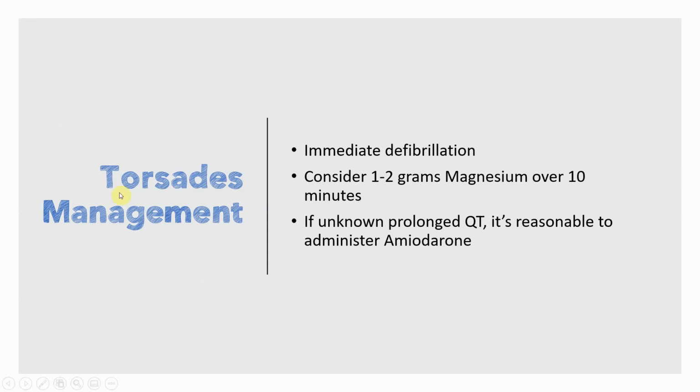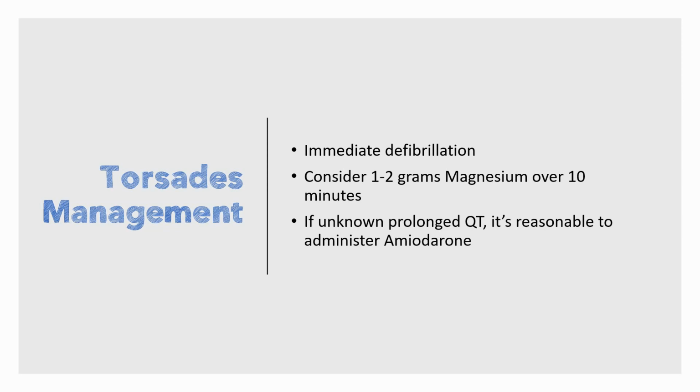So how do you manage torsades? Well, if they're unstable, or if they're peri-arrest, or if they're in arrest and you see torsades, then the treatment is clearly defibrillation. Then you can consider a few grams of mag over 10 minutes. How do we deliver it over 10 minutes? Well, you put in a 100 ml bag and you use a 10 drop set. 10 drops is 1 ml.